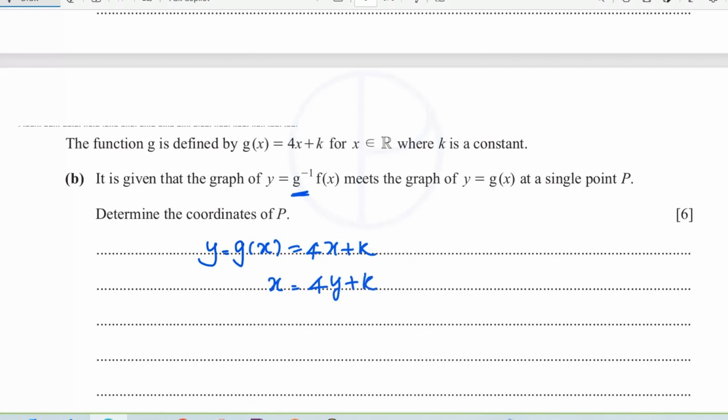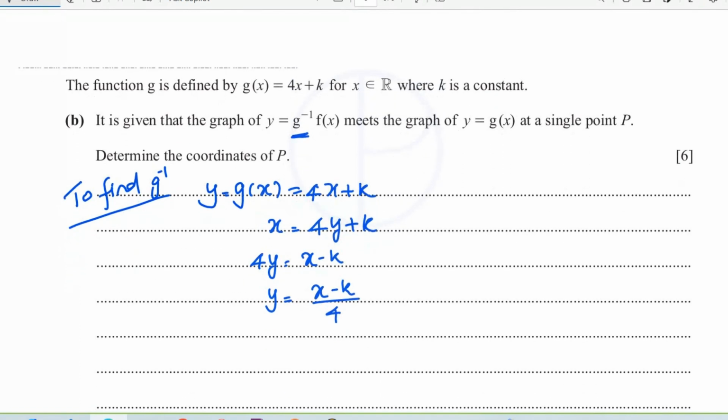Now make y the subject. y is equal to (x minus k) divided by 4. So g inverse of x is equal to (x minus k) divided by 4.